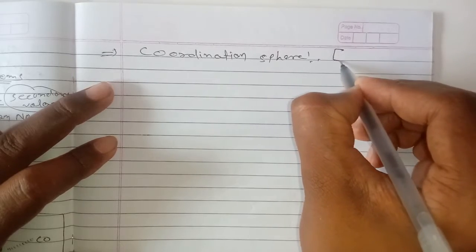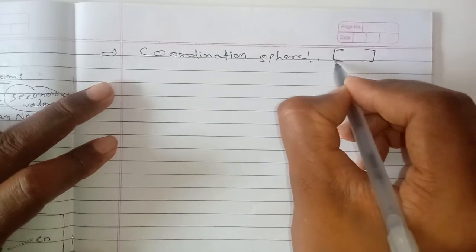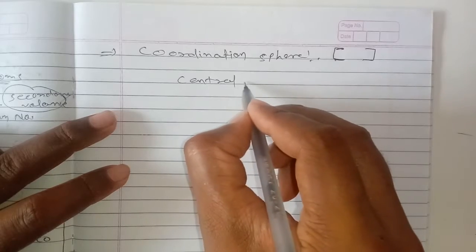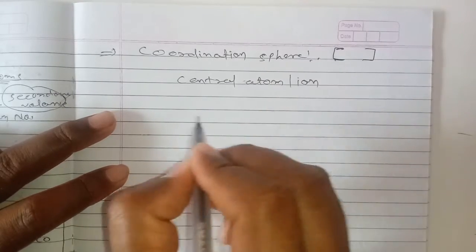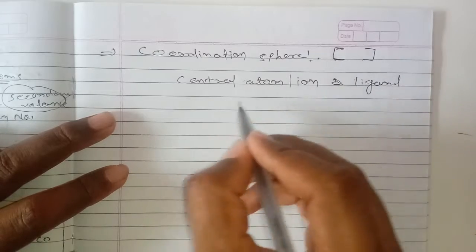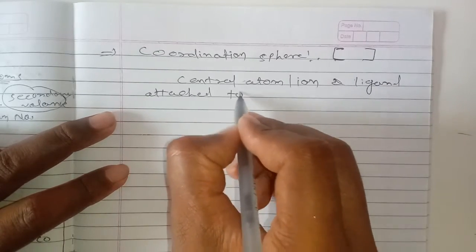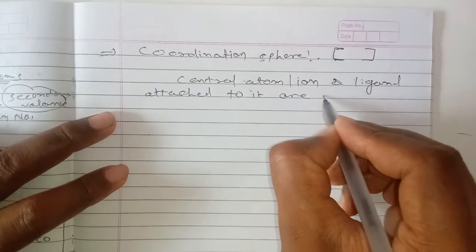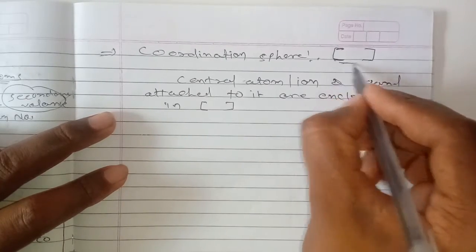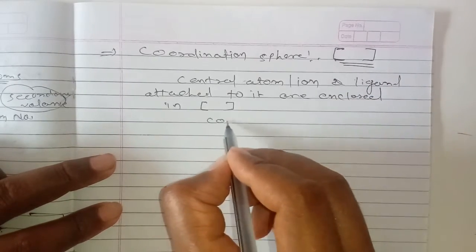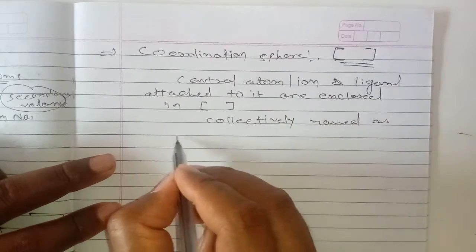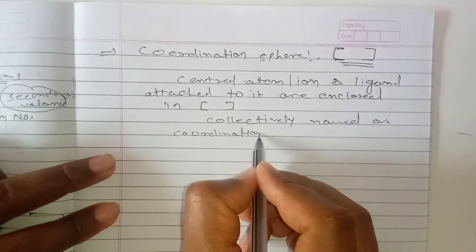The central metal atom or ion and the ligands attached to it are enclosed in square brackets, and they are collectively named the coordination sphere.